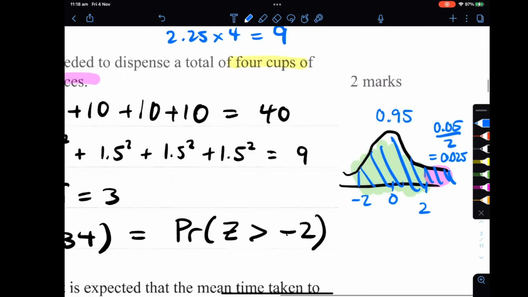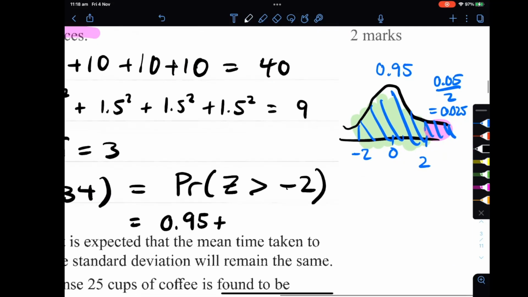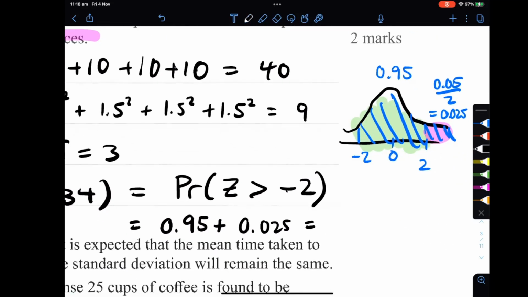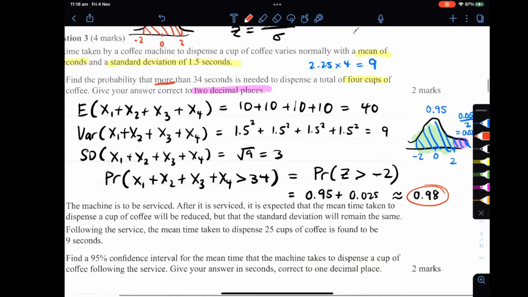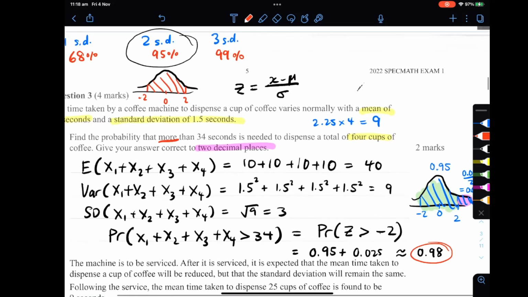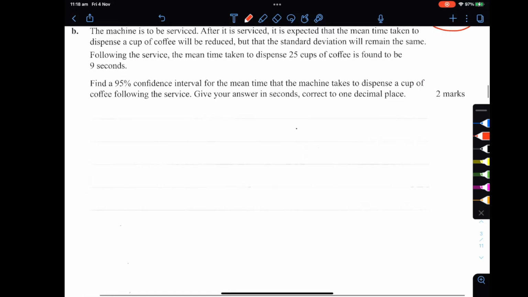Okay, so we're going to get 0.95 plus 0.025, which in reality is 0.975. But we want to round to 2 decimal places, so this here is approximately 0.98. I'm not sure if that's right. The exact values are a bit pedantic.